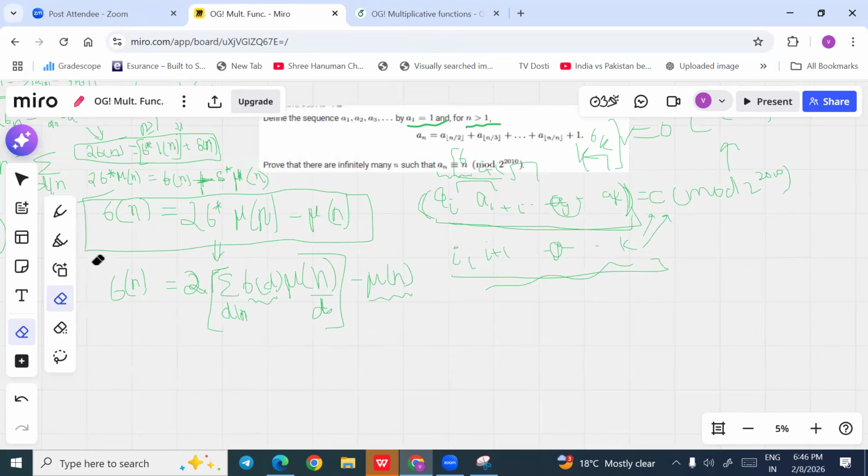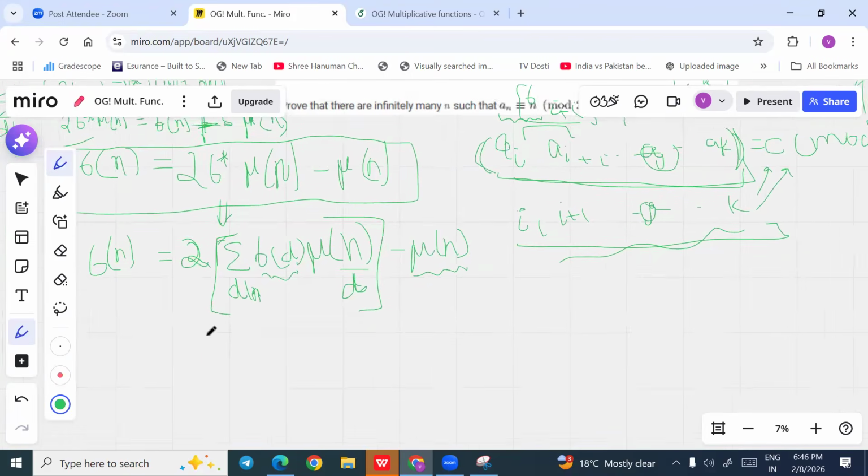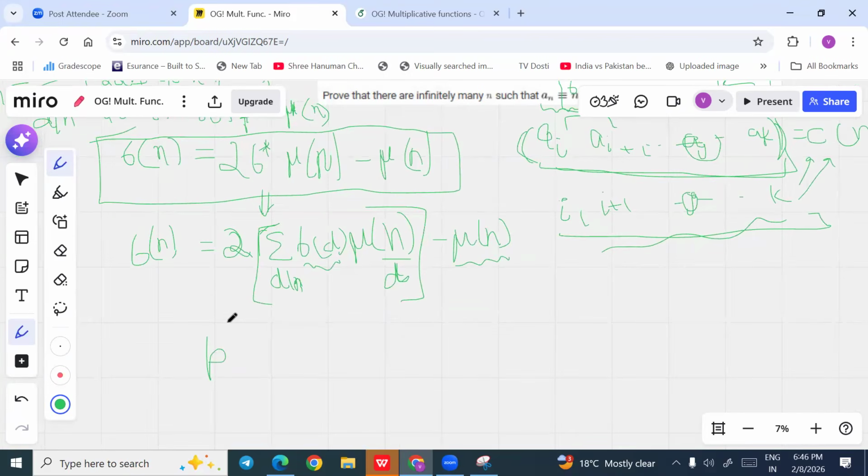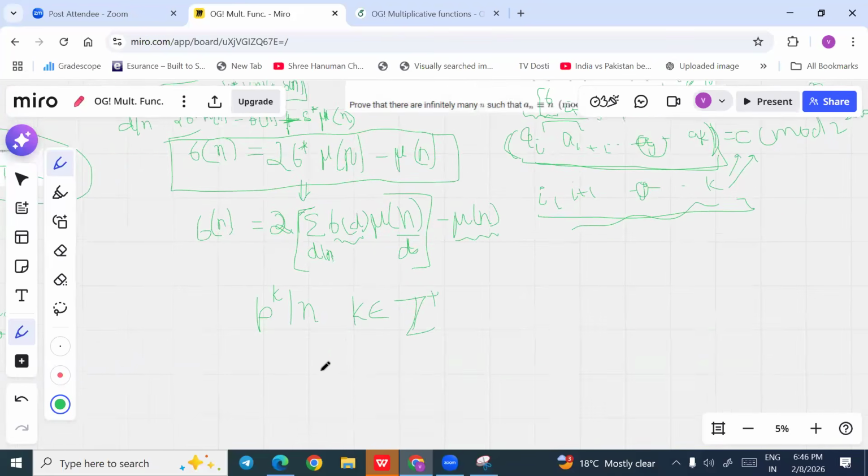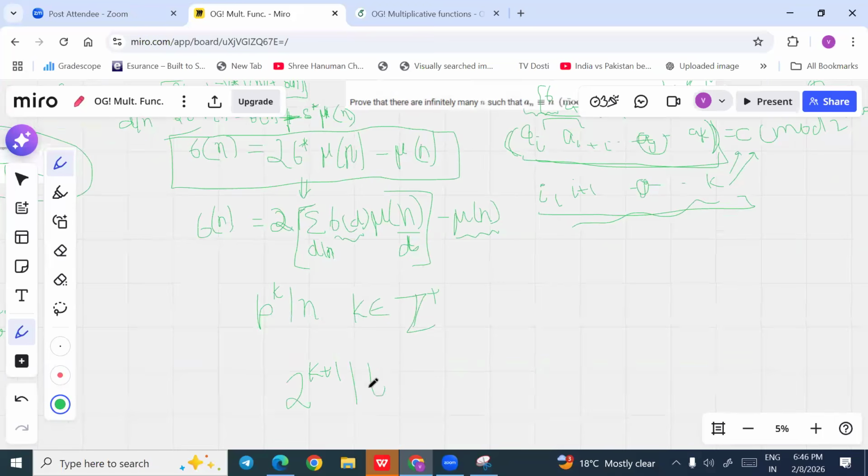So what we'll now prove is that suppose there is a prime p, and if p to the k divides n for some positive integer k, then 2 to the k plus 1 divides b of n. I'll leave the details to the reader, this is a trivial induction.